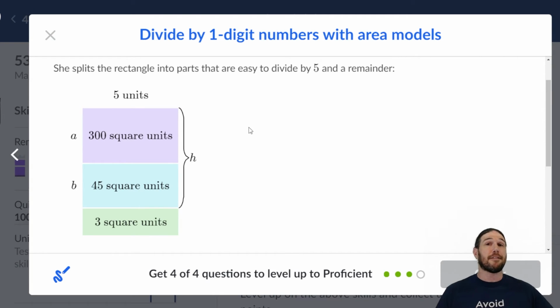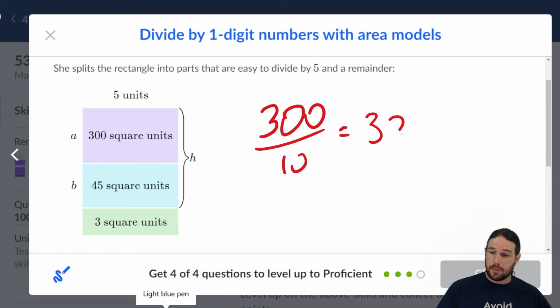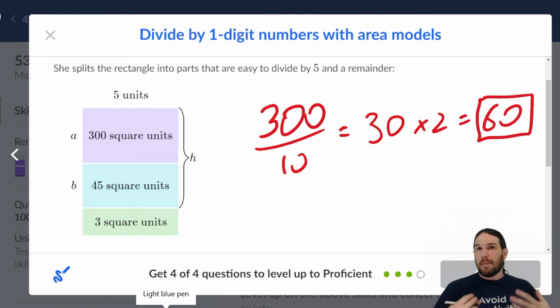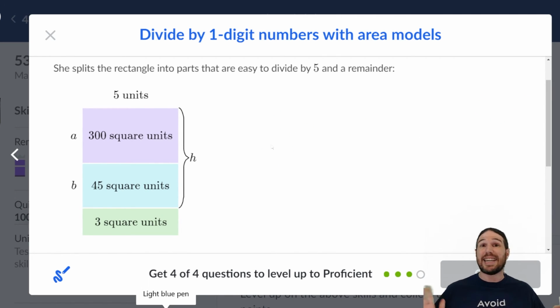Remember, when dividing by 5, the trick that I use is I do 300 divided by 10, which I know is 30, and then I double that to get me 60. That's kind of my method. My method for dividing by 5 is usually to divide by 10 and then double whatever the result is. Just a handy little tip.